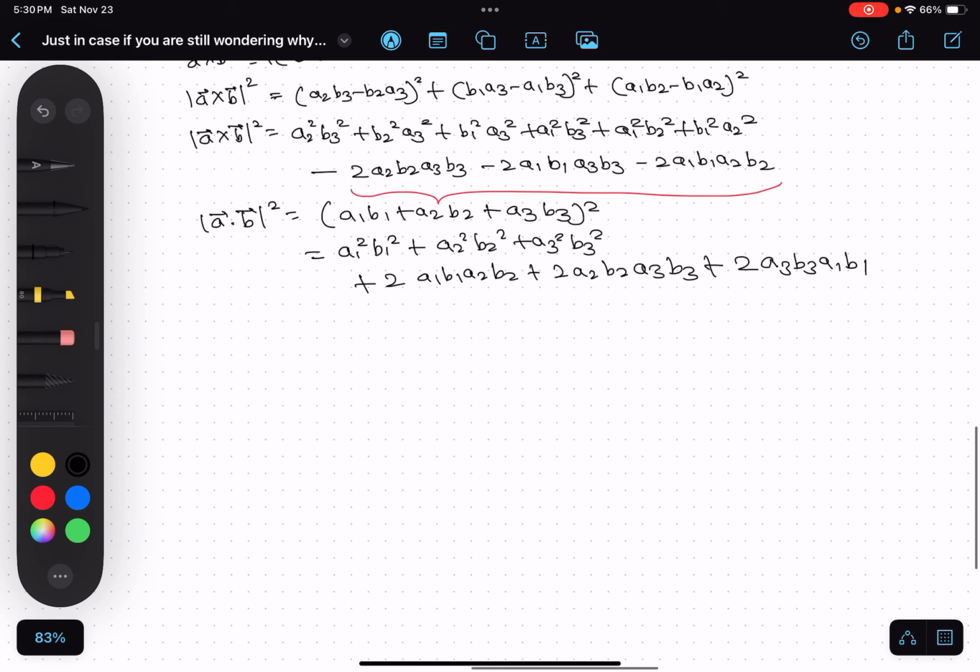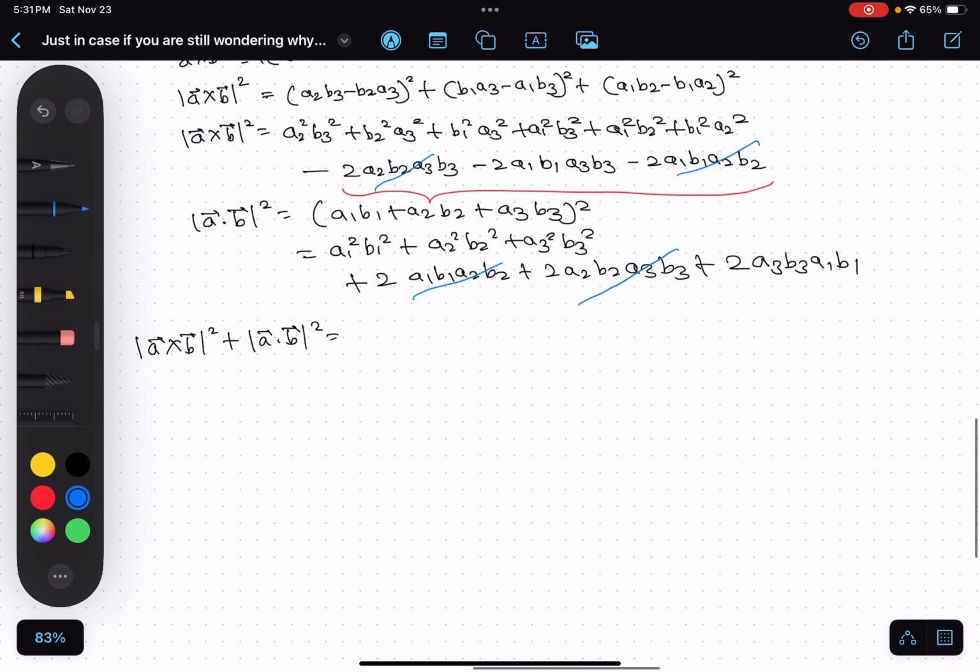Now if you add these two expressions, a vector cross b vector squared plus a vector dot b vector squared, this should exactly cancel out. The 2 a1 b1 a2 b2 would cancel with this one, the 2 a2 b2 a3 b3 would cancel with this one, and the a3 b3 a1 b1 term cancels with this one. So what we get is the rest of the expressions, and those will have some symmetry in them.